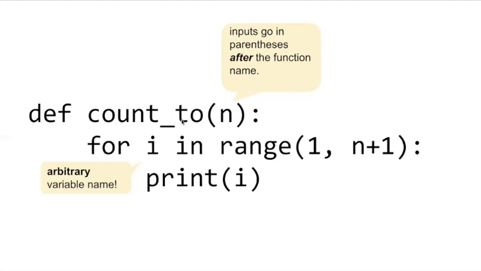So I can't have any spaces inside of my function name. I have to connect it with this underscore, or else Python is not going to recognize it as a function name. And then again, like the for loop that we saw before, with a function definition, I have to make sure whatever comes after the colon is indented so that Python knows whatever's indented is part of the function.